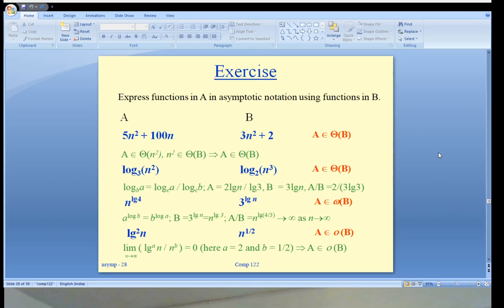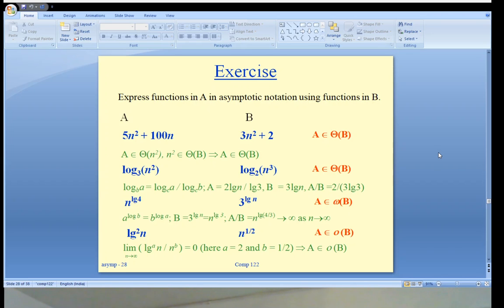And here are the exercise questions. There are two functions, 5n square plus 100n and 3n square plus n. A is theta bounded by Gn. Similarly, log n square base 3 and log n cube base 2. Here we shall use the concept of the log, and by using it we can say that this is equal to 2 log n base 3, and this is equal to 3 log n base 2.